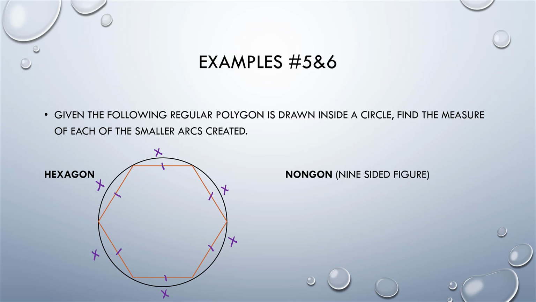If I add them up, I get 6x equals 360. 6 sides for the hexagon and a full circle, 360. So solve for x by dividing each side by 6, and x equals 60 degrees.